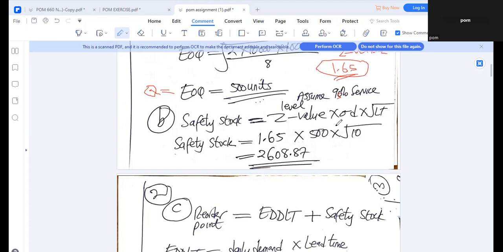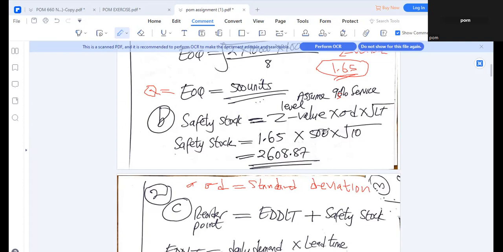So safety stock is Z value multiplied by the standard deviation of demand multiplied by the square root of lead time. This one simply means the standard deviation of demand. So substituting that, we get our safety stock of 2608.87.